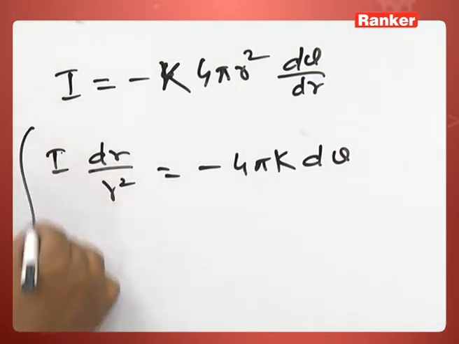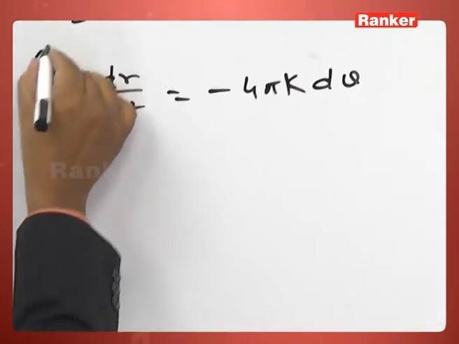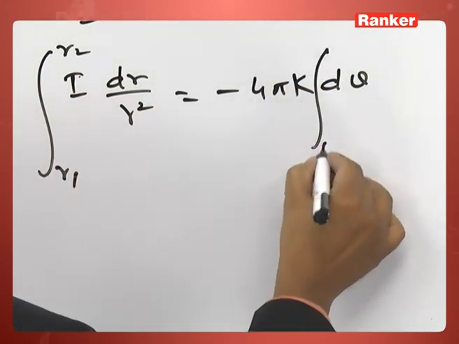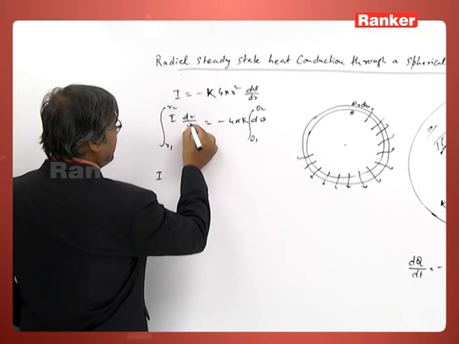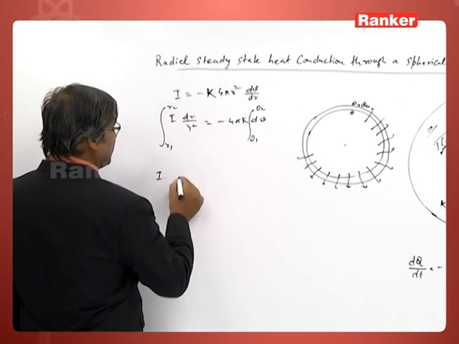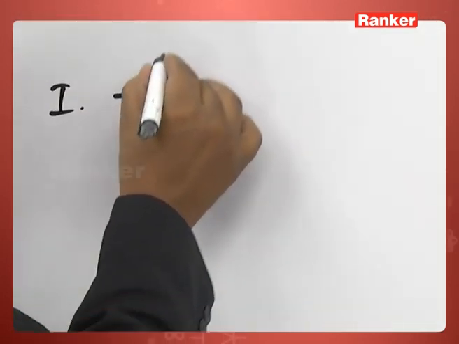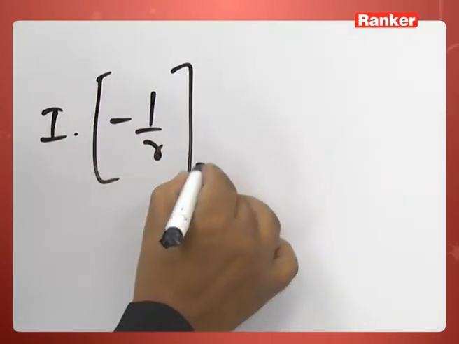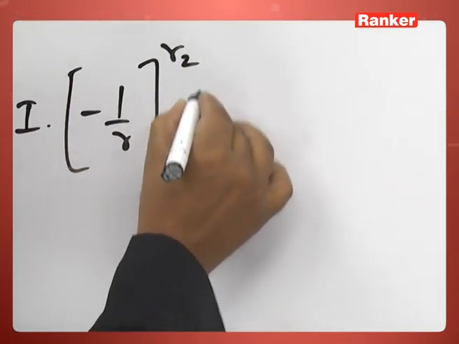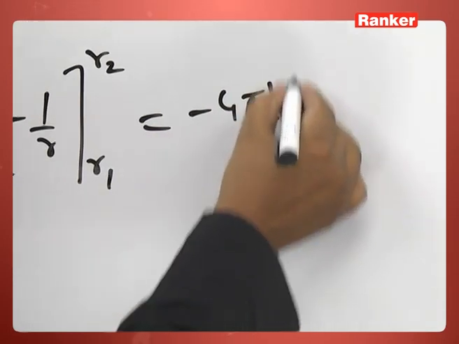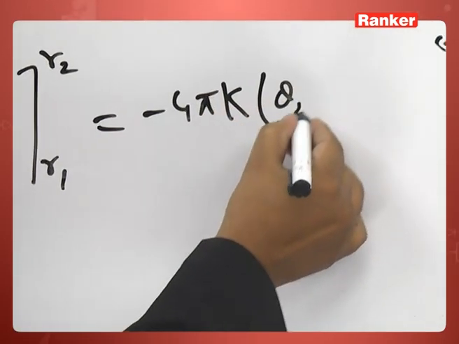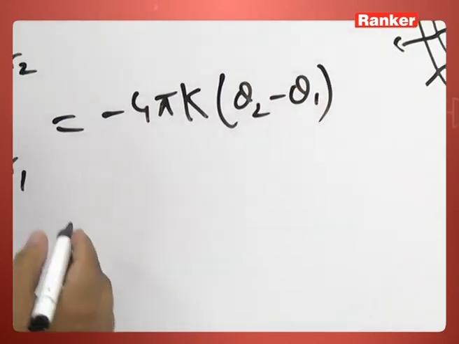Now, if I integrate both sides, r varies from r1 to r2, theta varies from theta 1 to theta 2. I dr by r square gives on integration minus 1 by r, from r1 to r2, equals minus 4 pi k into theta 2 minus theta 1.